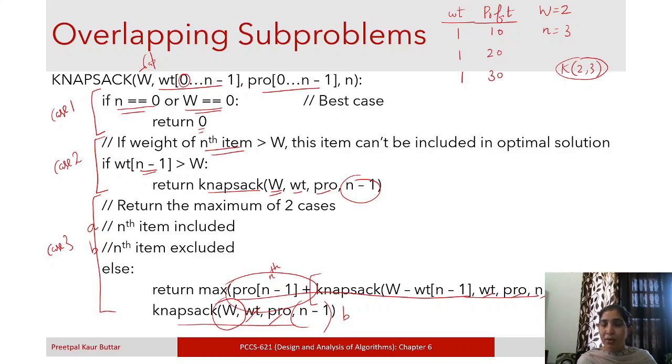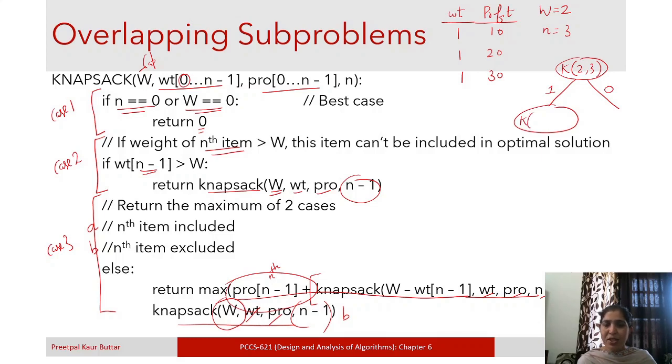For the nth item you have two choices. You can include the nth item or you can exclude the nth item. Let us say 1 means include and 0 means exclude. If you include this item, then what will happen?